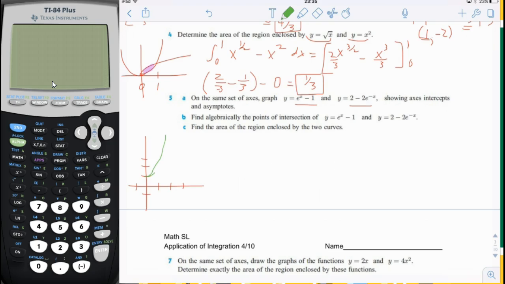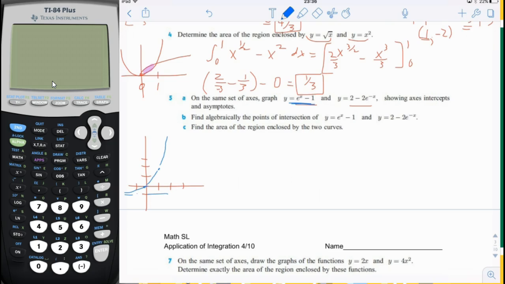Now, since it's e to the x minus 1, it's going to be 1 position lower than that. So it's going to start at 0, and it's going to go to 1.71. And then it's going to have an asymptote here at negative 1. And then it's going to go up here at about 7 something. Okay, so that's that function there.